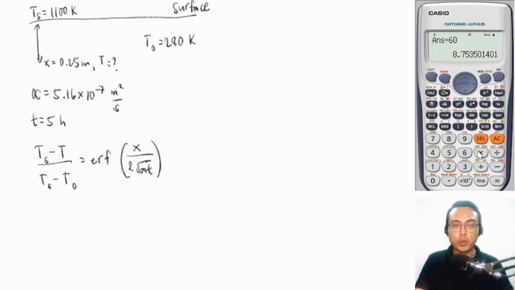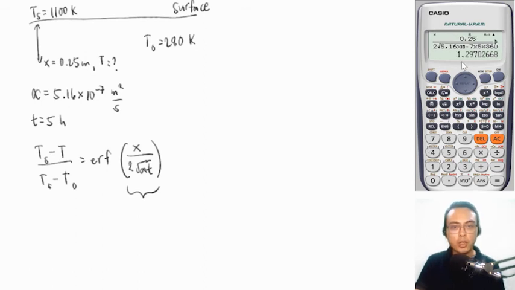Now, the first thing that we have to do here is to solve for the contents of the error function. You see here that the error function contains the collection of terms x over 2 times square root of alpha t. So let's solve for that first. X, representing the depth, is 0.25 meters, divided by 2 times the square root of alpha, 5.16 times 10 raised to negative 7, times 5 hours, convert that to seconds, multiply by 3,600.